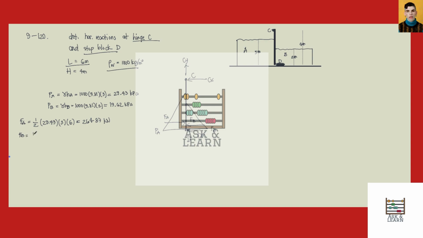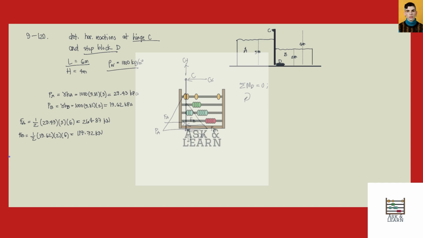For FB, we have the same. We have 1/2 times the base times the height times the length of the gate. So we have 117.72 kilonewtons.